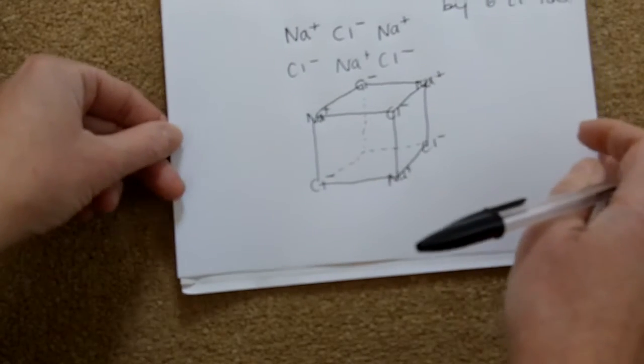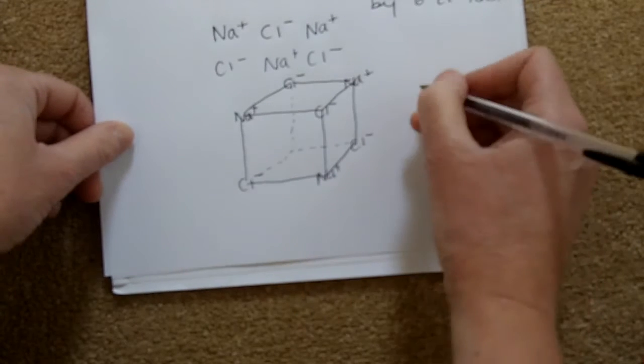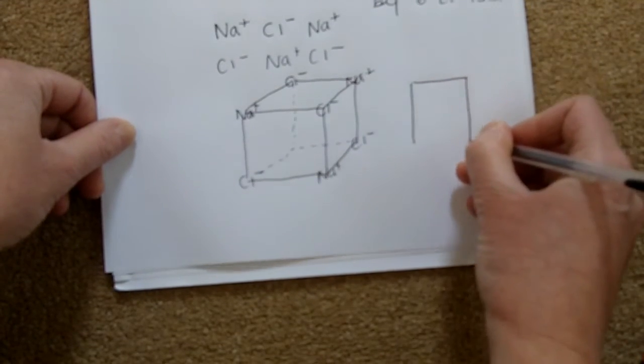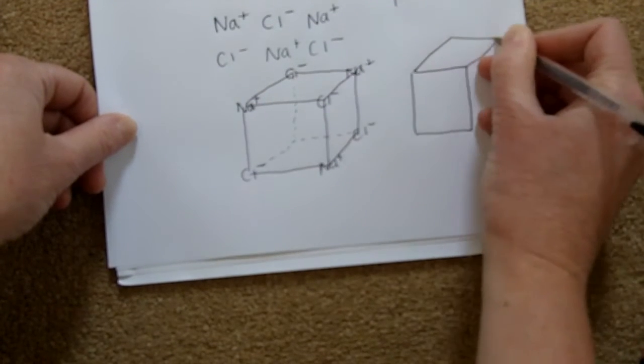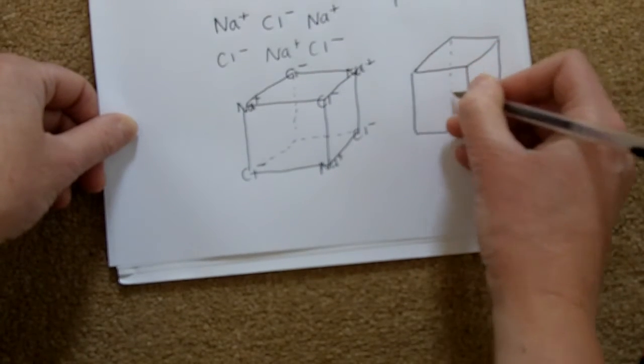Okay, actually it might be better not to draw it that way. Let me do that again, because it actually might be better to put more ions in. Let's do it one more time. So draw a cube again and draw the back of the cube.